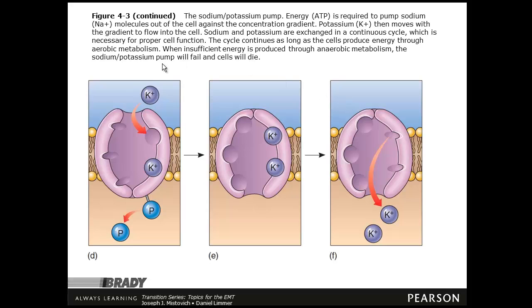The pump also brings in potassium, and when ATP is used to open the cell on the other side, potassium moves into the cell. So sodium and potassium are returned to their normal position. The cardiac cell or nerve or smooth muscle cell is recharged and ready to function again.